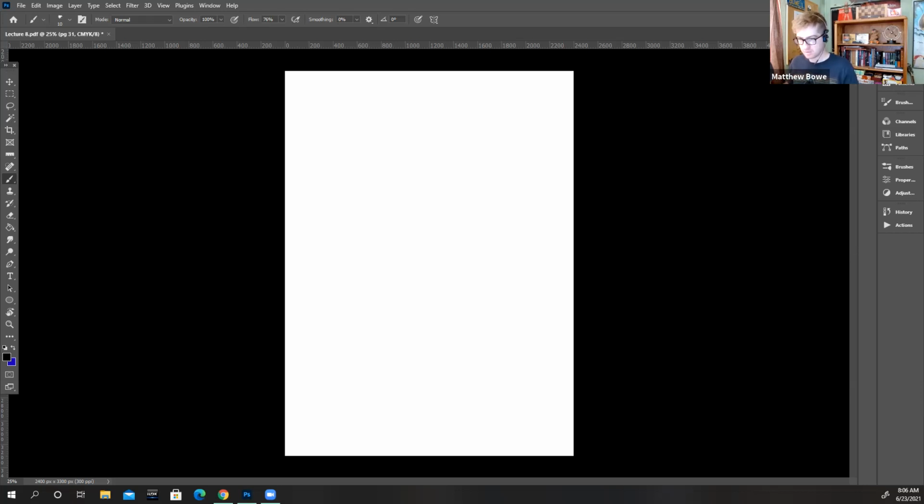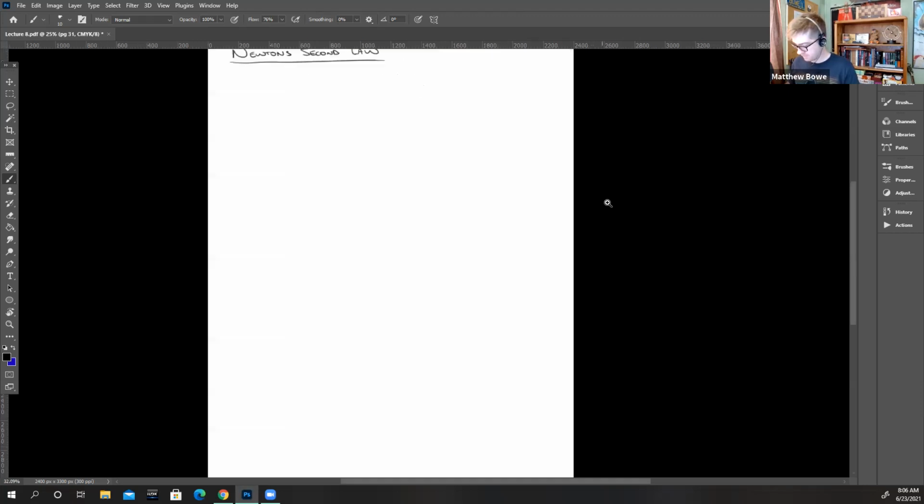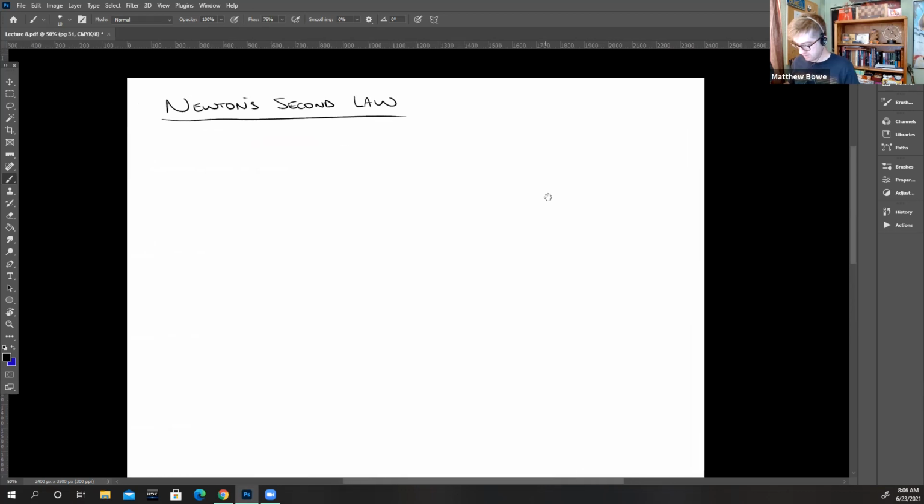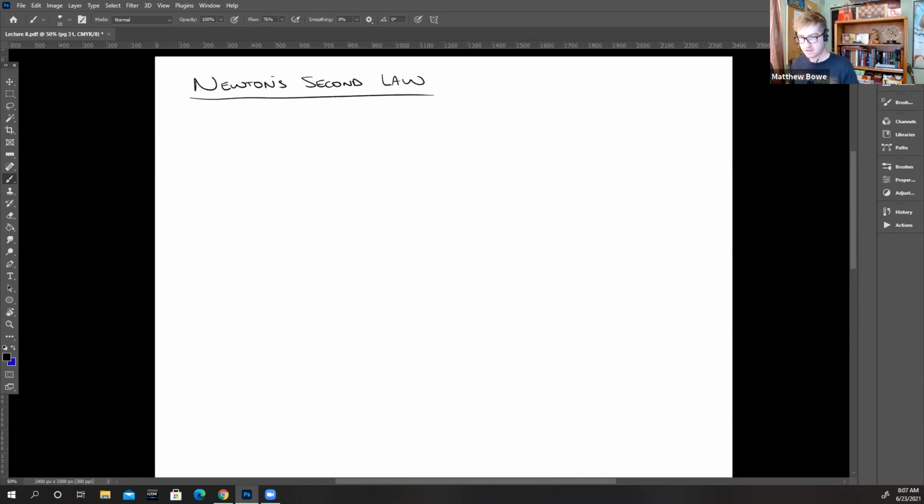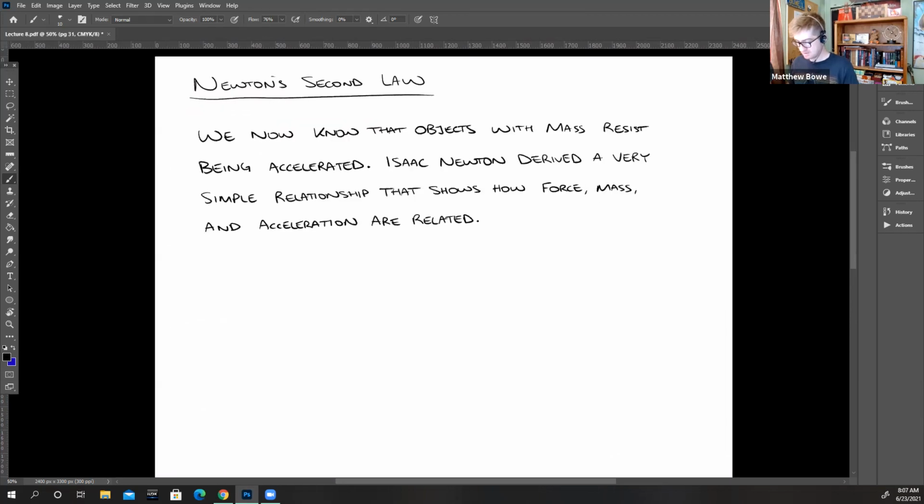Well, that's where we're going to go over Newton's second law. Newton's second law shows a nice relationship between force, mass, and acceleration.